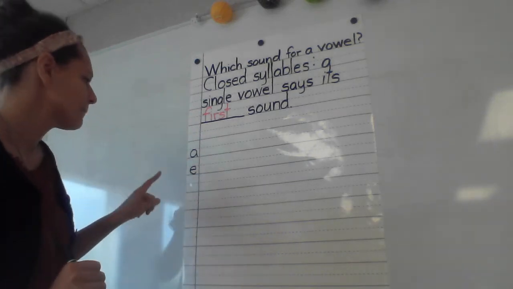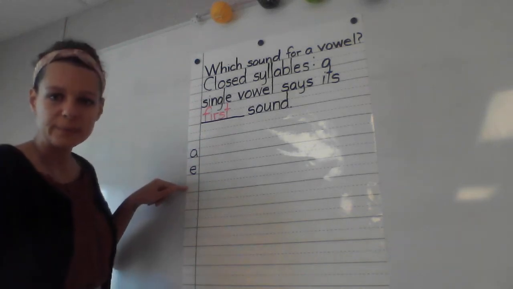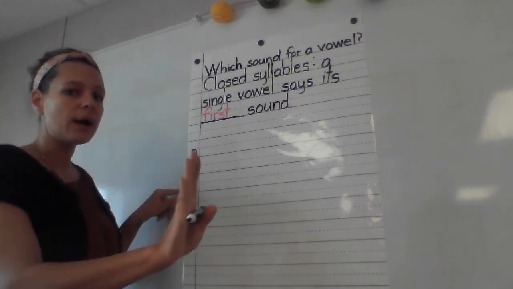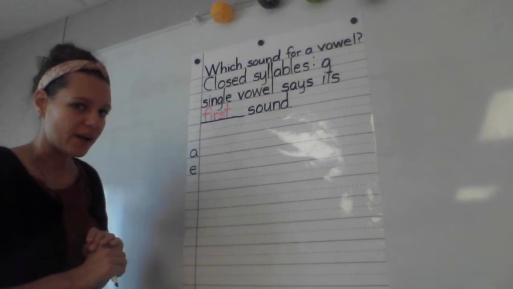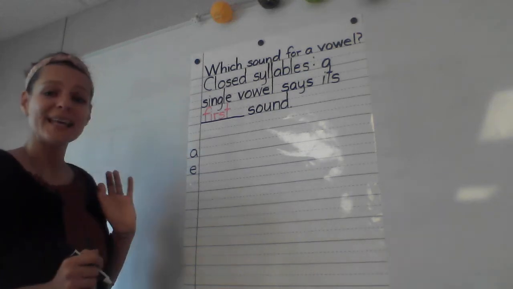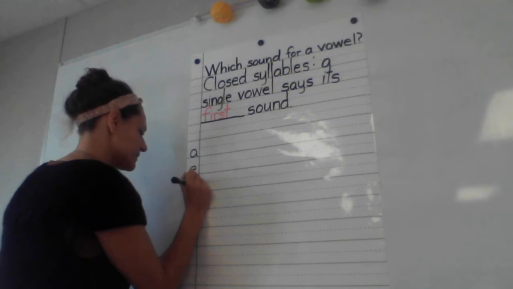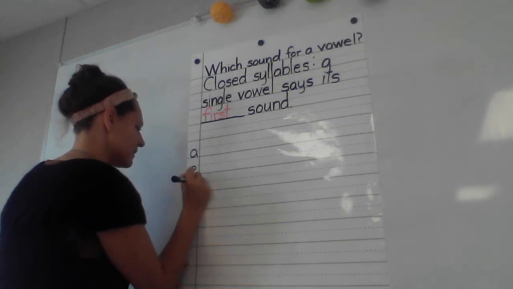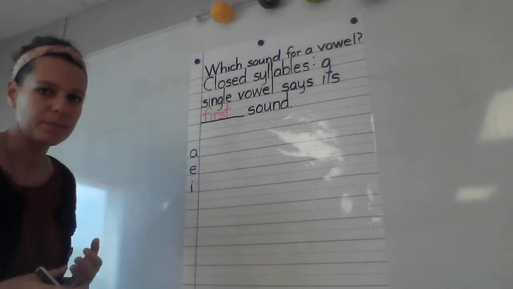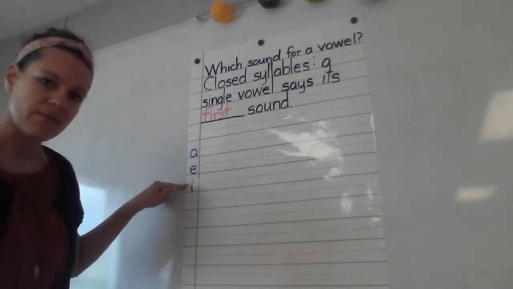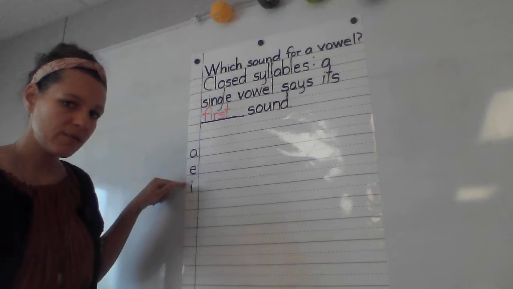Excellent work. What is the next vowel that we come to as we're going through our alphabet? Tell me all of its sounds. Good, it's i, e. I'm going to put it right there.